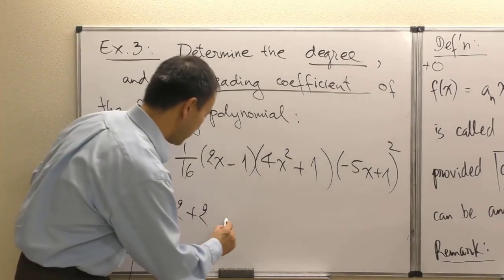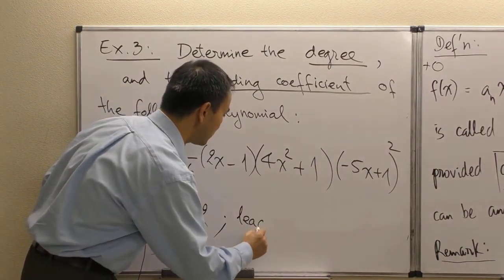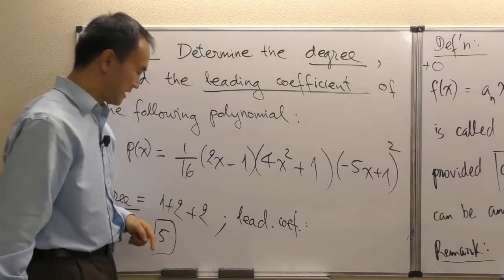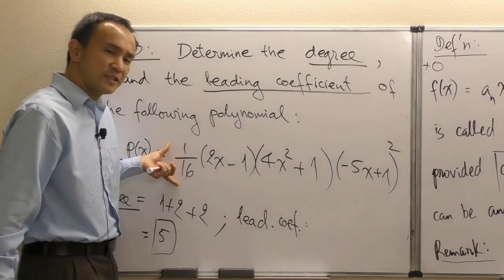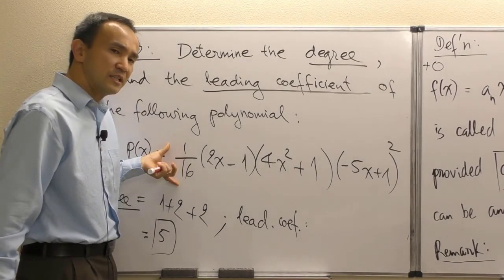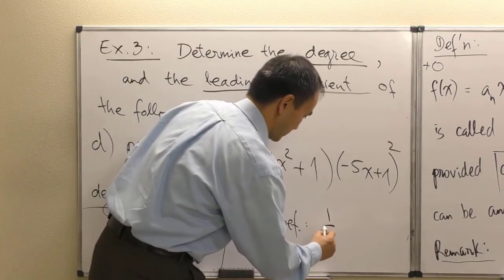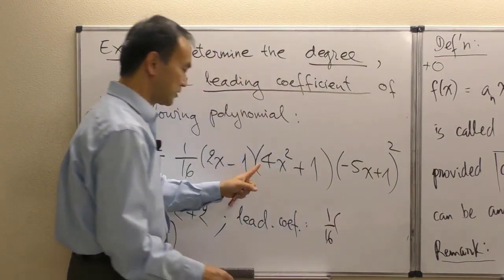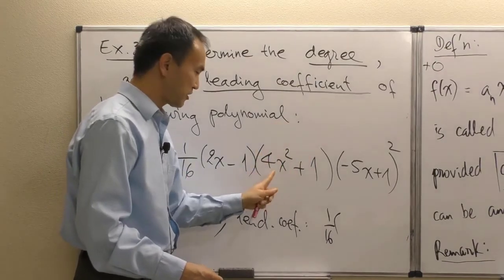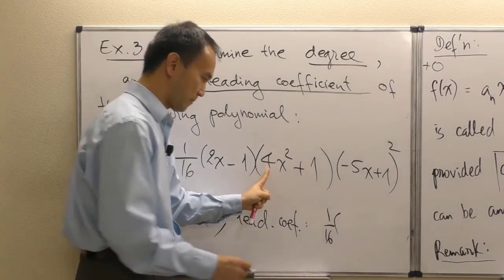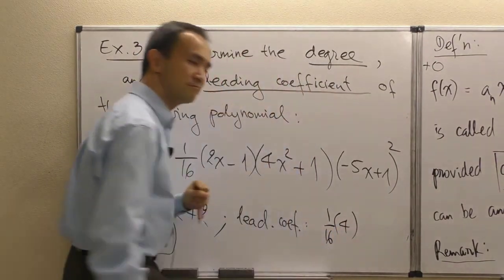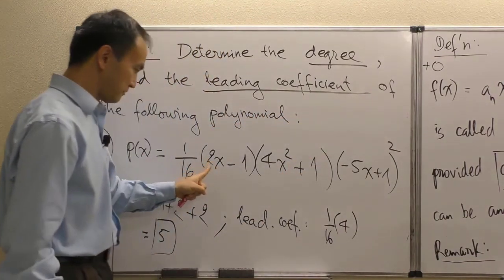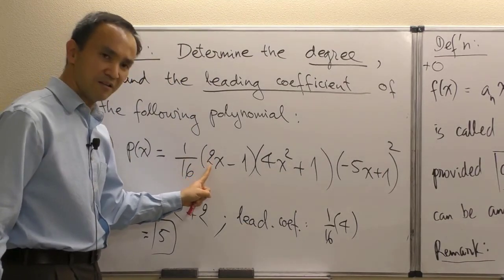Okay, and then when it comes to the lead coefficient, we also have to do the math a little carefully here. Just because this 1 over 16 stands in front doesn't mean it's going to be the final lead coefficient, but it's still part of that. So 1 over 16, I'm going to multiply with the lead coefficient in this particular factor, which is 4.